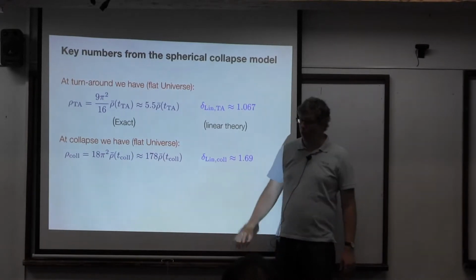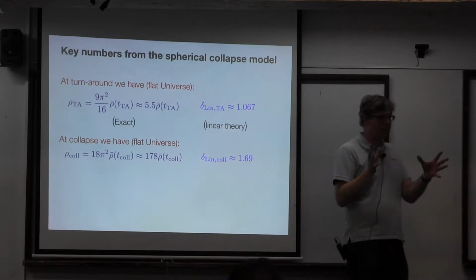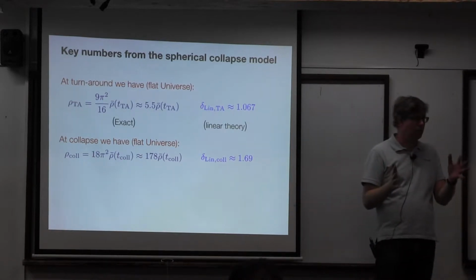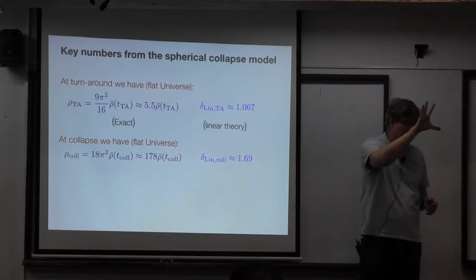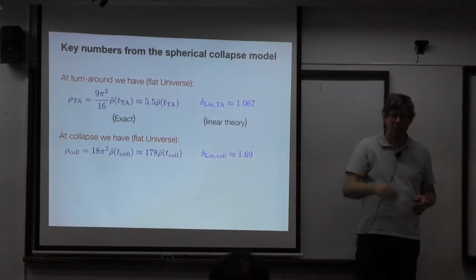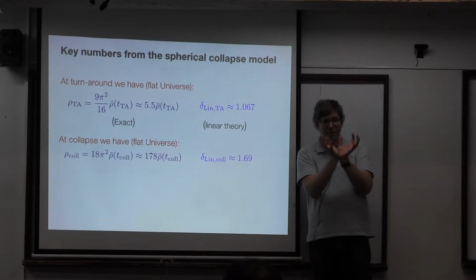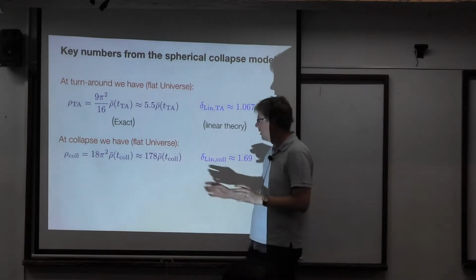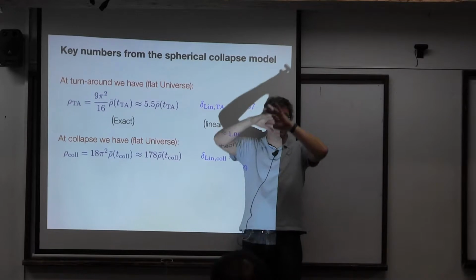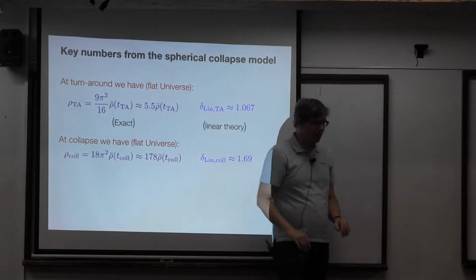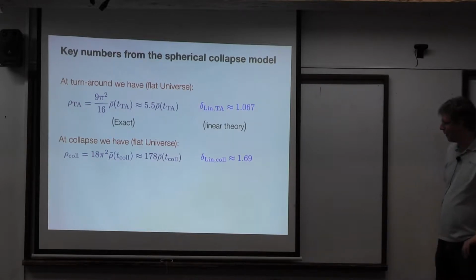We use it often in observations too. You often want to know what the virialized region of a galaxy cluster is. So you observe a cluster of galaxies, and you count galaxies inside there, or you measure their mass, and you integrate outwards until the mean density of galaxies is 200 times the background. And you know, okay, that's the radius of my galaxy cluster. It's not always a very good idea to do that, but people do it anyway.